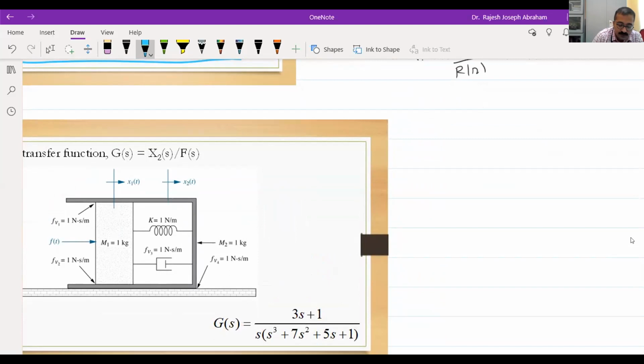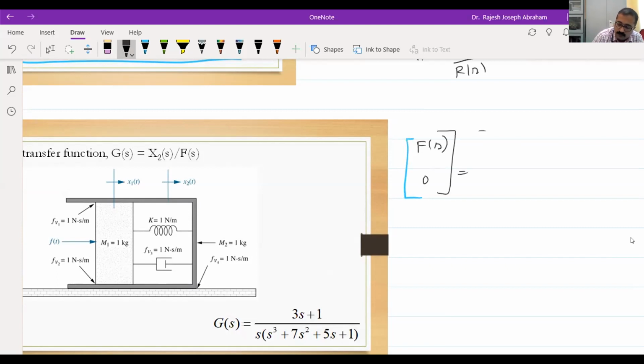So there are two masses. See, this is a block of mass M1 and this is a frame having a mass M2, 1 kg. All parameters are 1. So the matrix will be of order 2 by 2. So the force equation: mass M1 has an applied force F of t, directly you can write F of s. Mass M2, there is no applied force, 0.